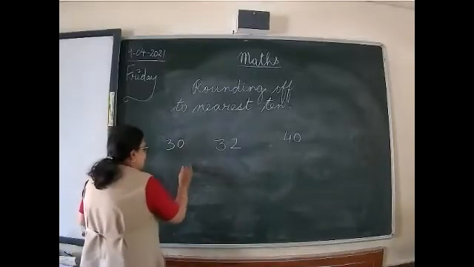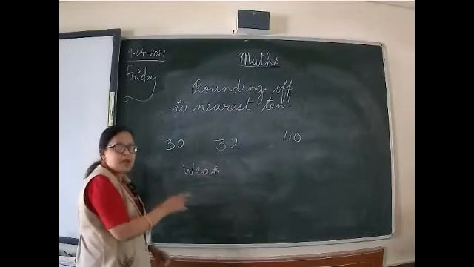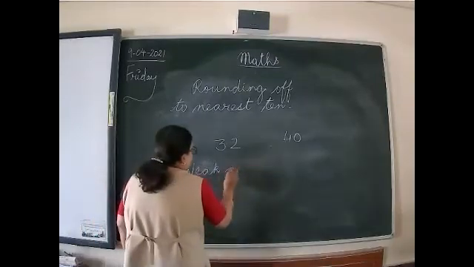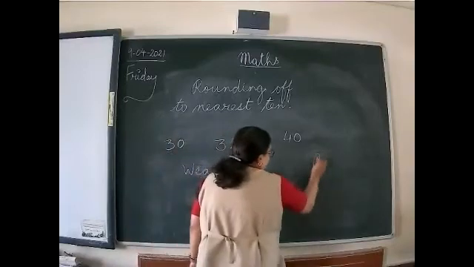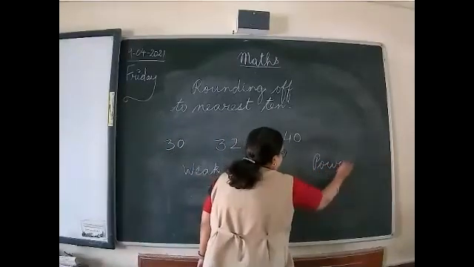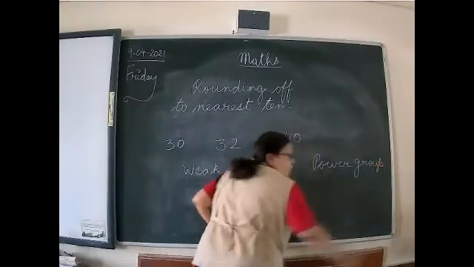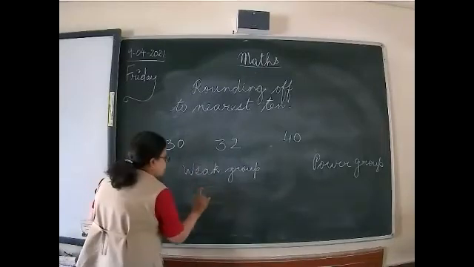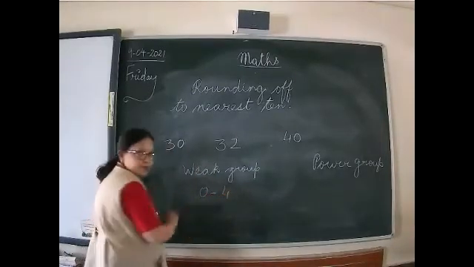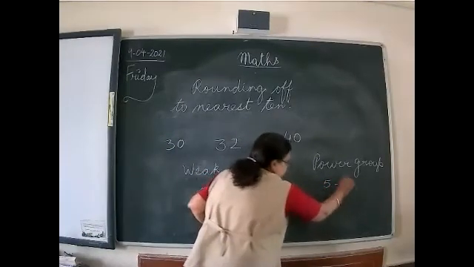For your understanding, I am making these groups: weak group and power group. In the weak group, numbers from 0 to 4 come, and in the power group 5 to 9.